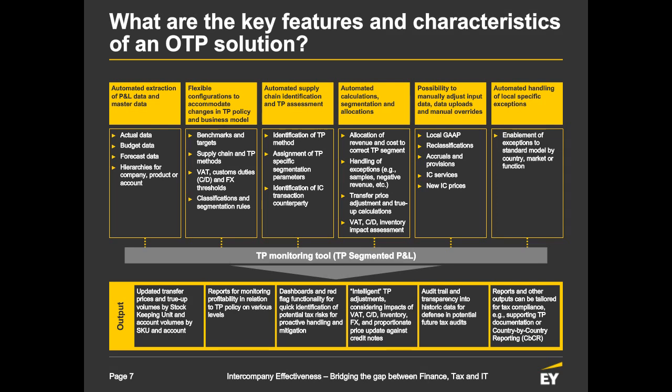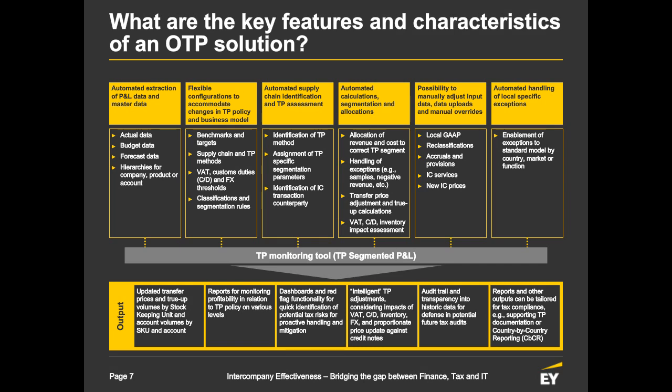Other key features of these tools is to provide the workflow necessary for the connected TP function that Kate was talking about, so that we can manage, through the use of technology, the interaction between tax, finance, the costing teams, the legal department in an efficient manner. Finally, the output of the segmented P&L can feed into other processes, for example, country-by-country reporting, and we can integrate this from a technology point of view to deliver additional efficiencies.